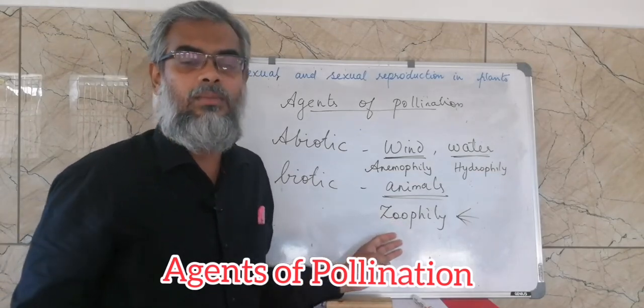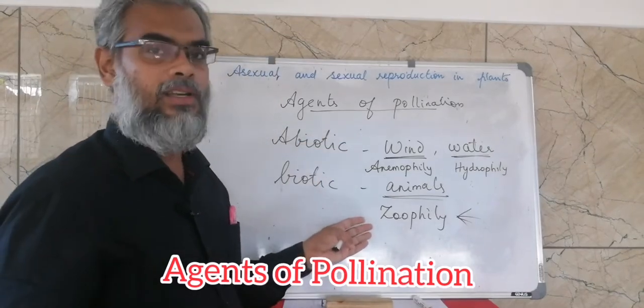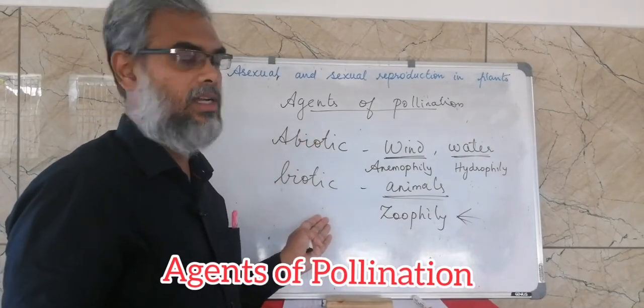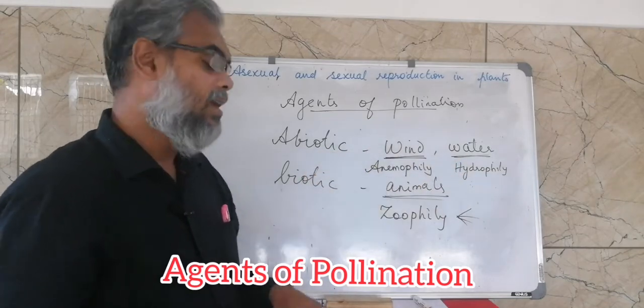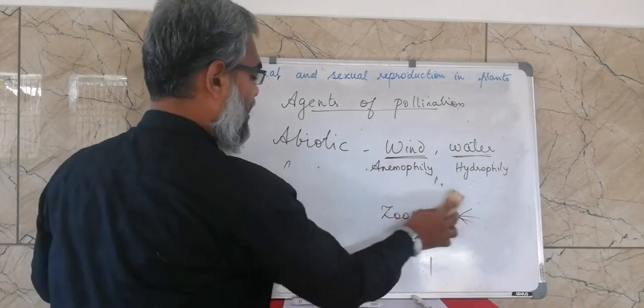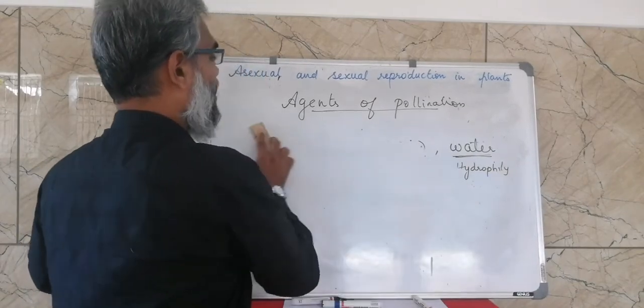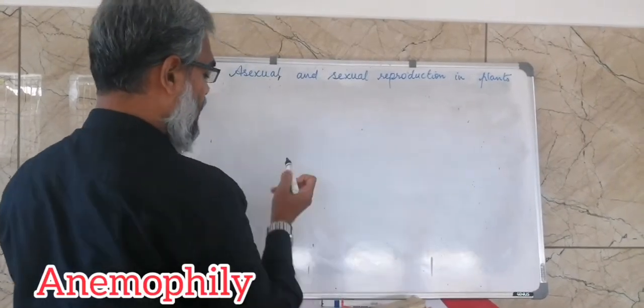That is what we will be discussing in this chapter. So agents of pollination: abiotic agents by wind and water, biotic by animals, zoophily. Now let's discuss in detail about anemophily first, in abiotic.